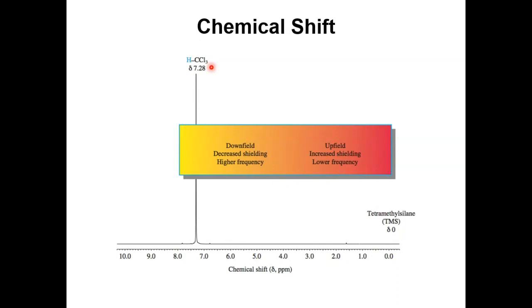Equal numbers of proton nuclei and carbon-13 nuclei put in the same instrument, the proton sample will give you a stronger signal. So that makes detection or collection of proton NMR much easier than carbon-13 NMR.